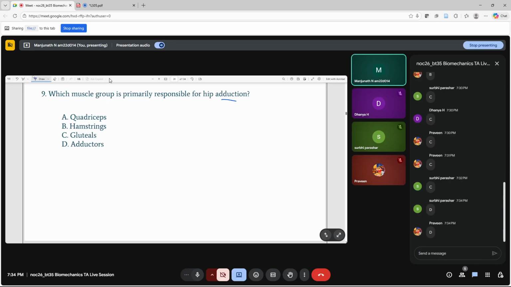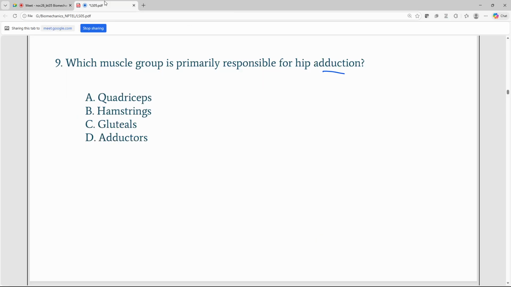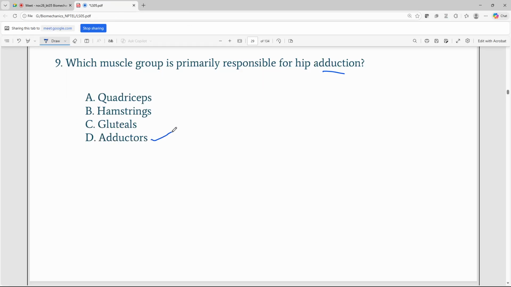Simple question. Yes, answer is option D, adductors.